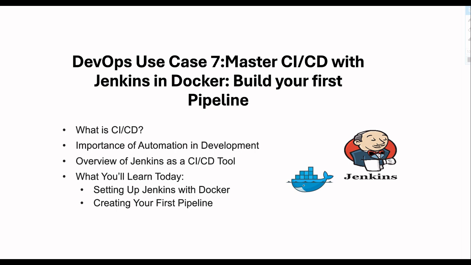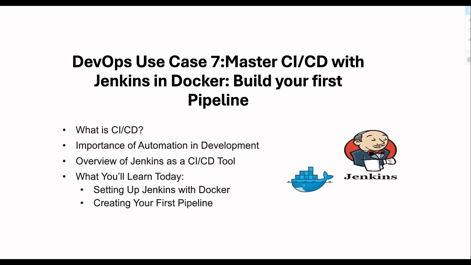In this video, we are going to see CI/CD with Jenkins in Docker. So, what is CI/CD? Continuous integration and continuous deployment are essential practices in modern software development that help teams deliver high quality software faster. Next, we will discuss the importance of automation in development.